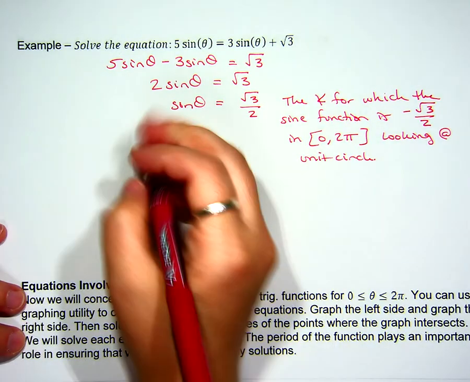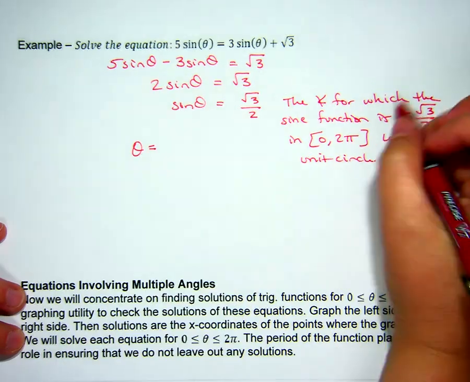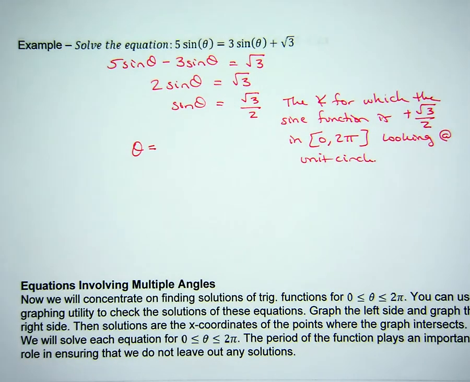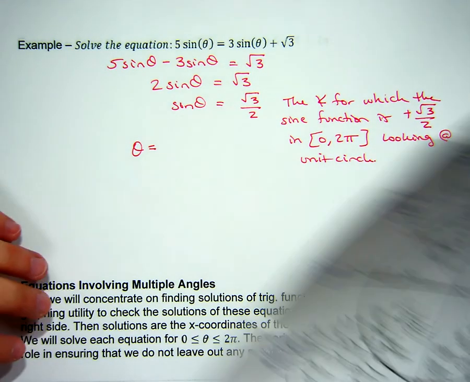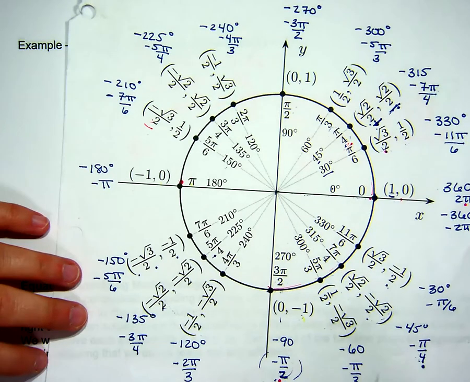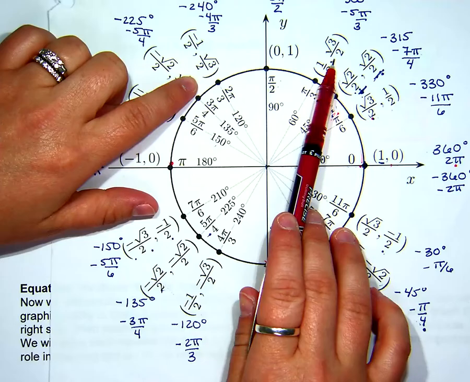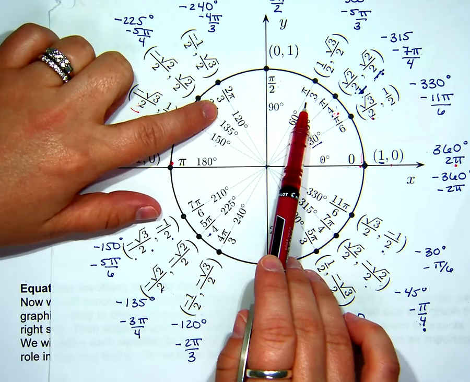So that means that theta is equal to, did I lose this? I'm sorry. It's positive square root of 3 over 2. Okay, so let's try it again. Sorry about that. Looking for the positive y, square root of 3 over 2, there it is, pi over 3 and 2 pi over 3.